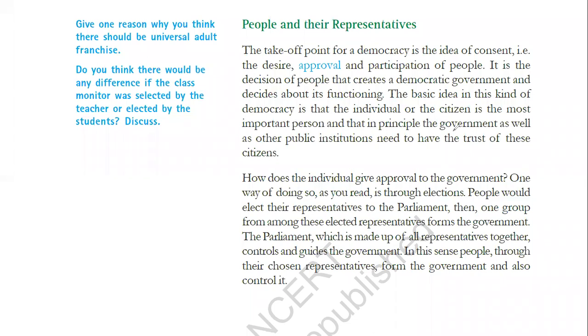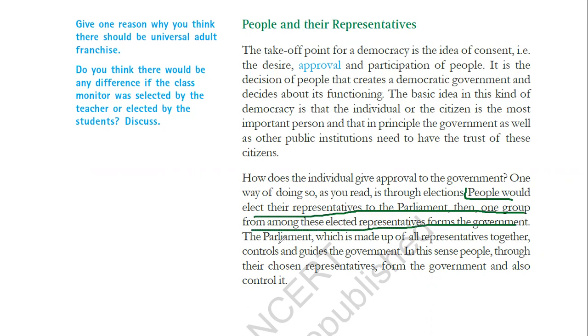And the fourth point would come from the last lines. People would elect their representatives to the parliament. Then one group from among these elected representatives form the government.